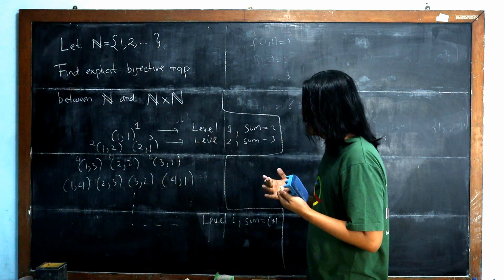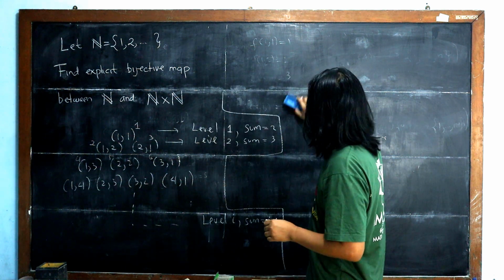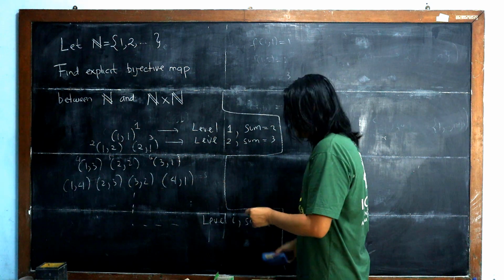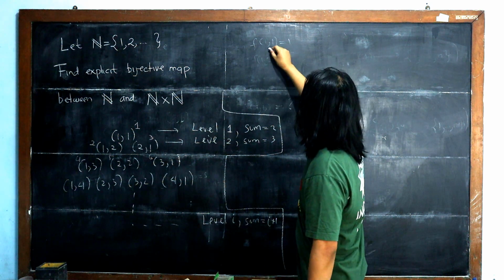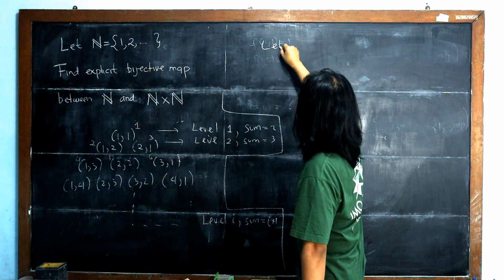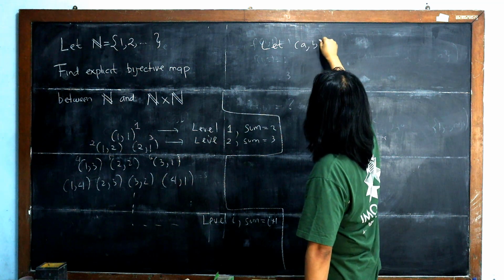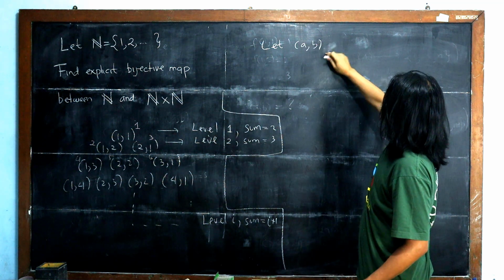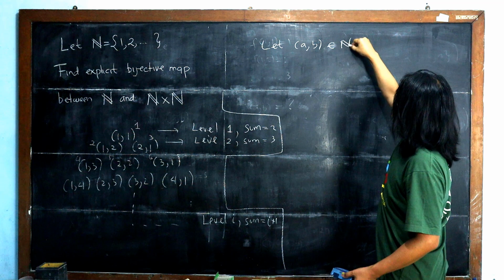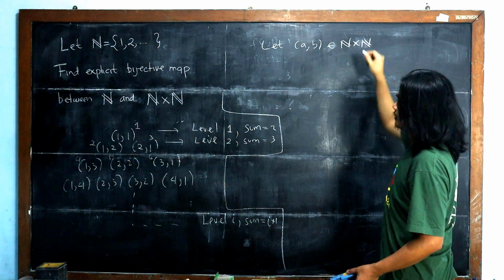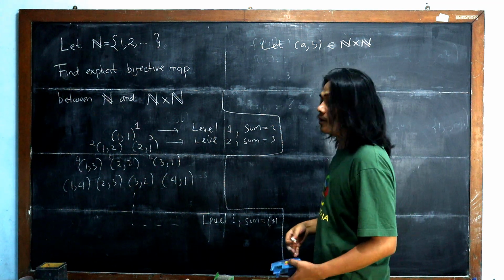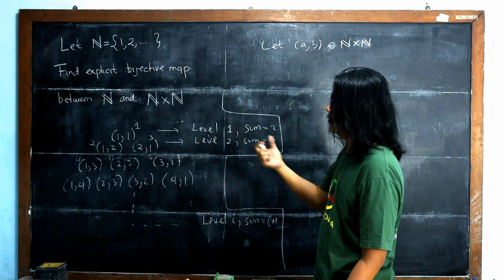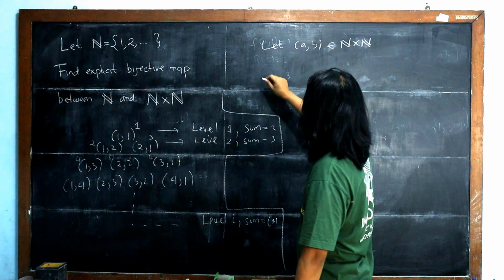So how do we exactly map a general (a, b)? Let (a, b) be an element in N cross N. First of all, we need to know which level (a, b) is on.